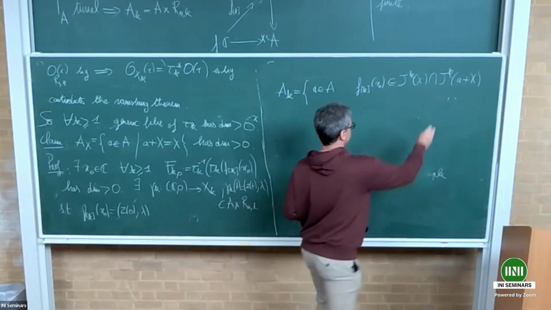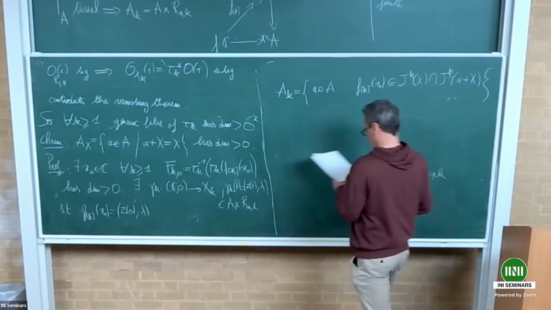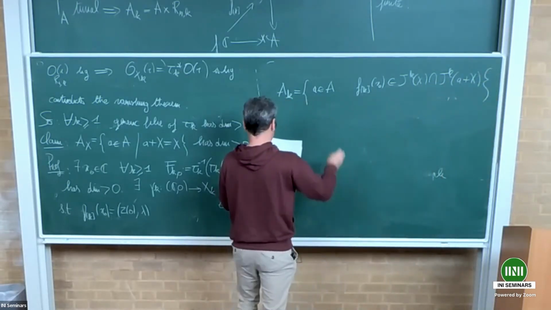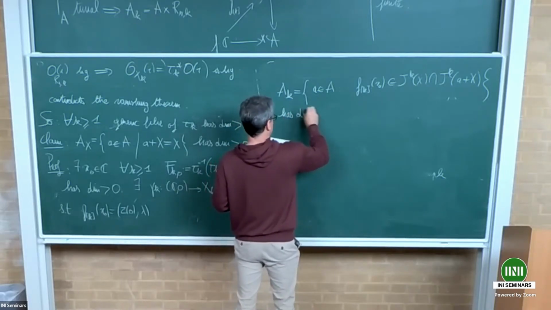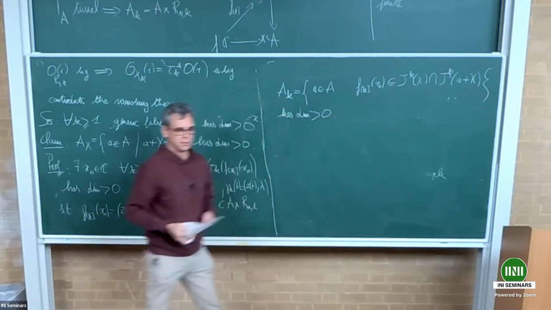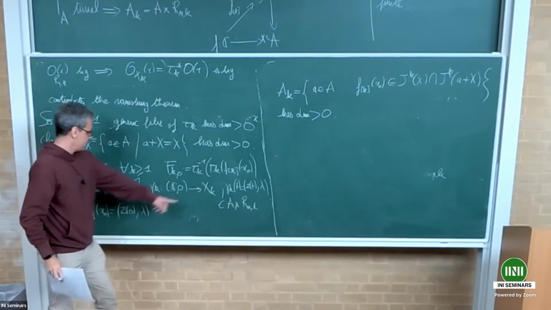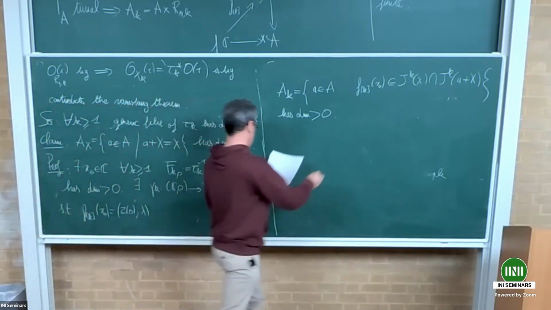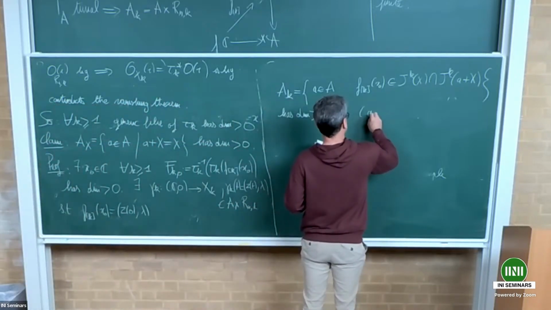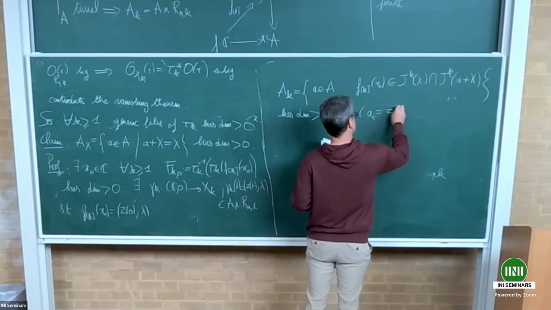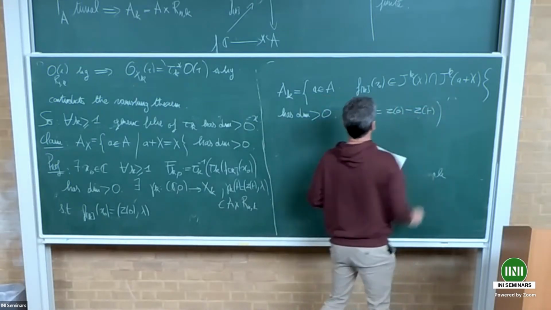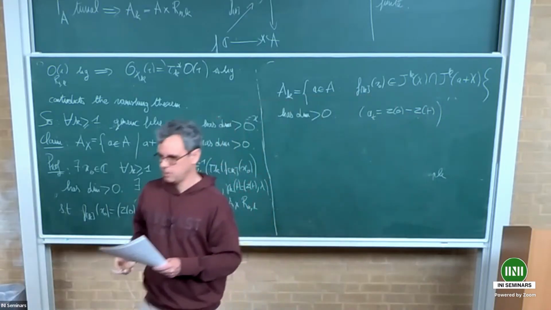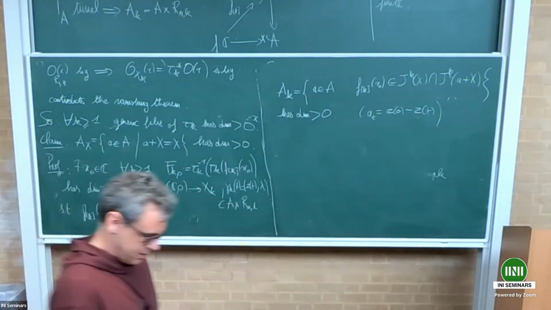And you see immediately that this has positive dimension, because of this gamma_k. So you can just take a_t equal to z_0 minus z_t. You can translate by this, and this still lives inside.